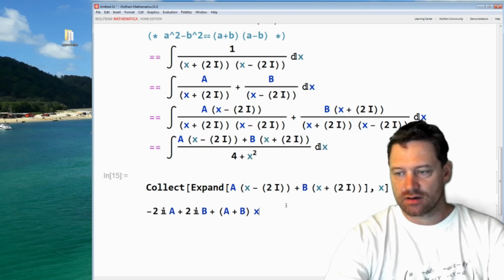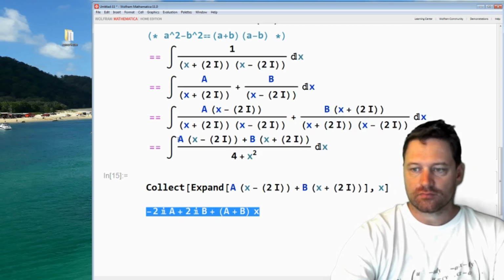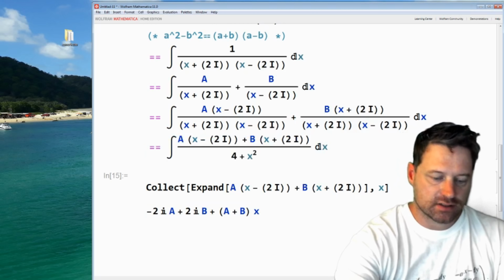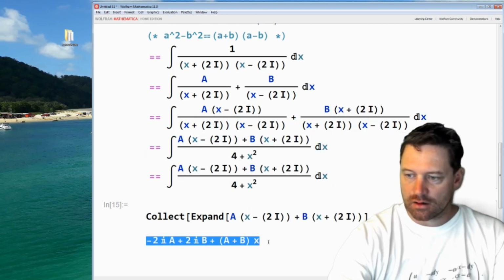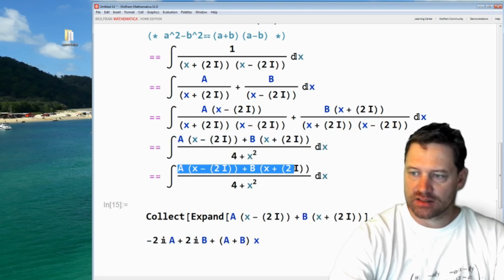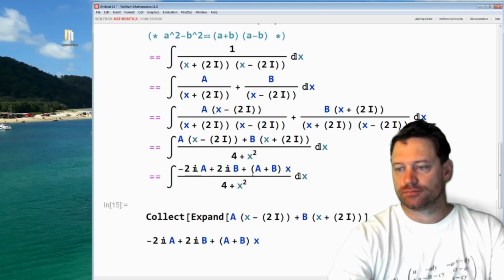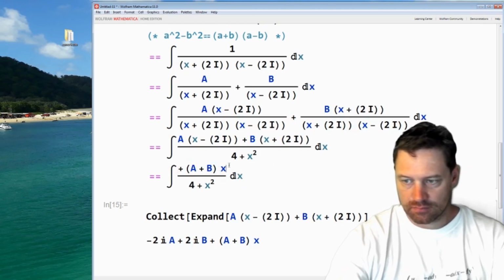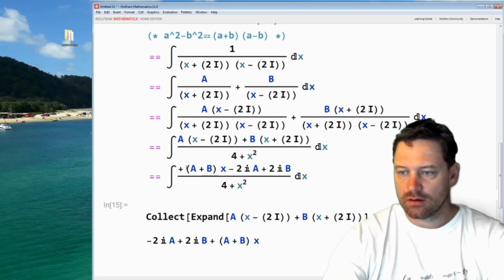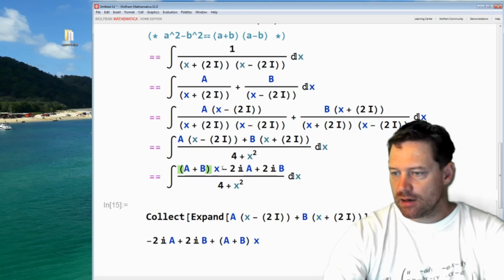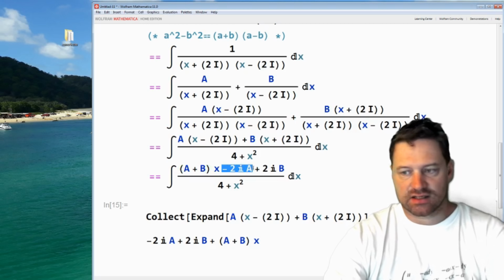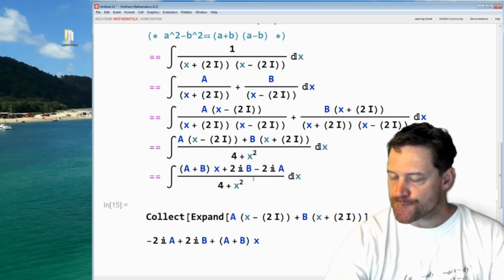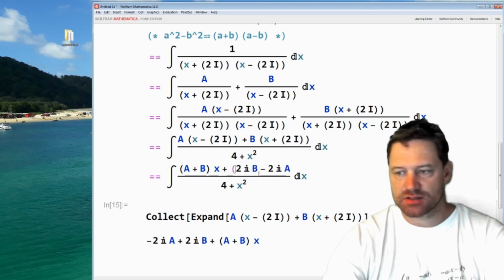So press enter and copy it out. And actually we should come down to a new line, so you can see all of the working. Copy this out, paste that right there. I want to have the x's in front. Let's just put a bracket around it.